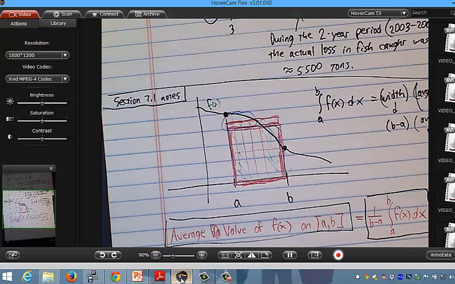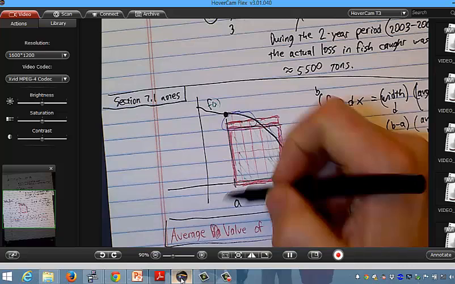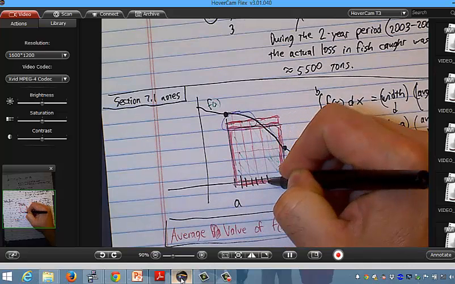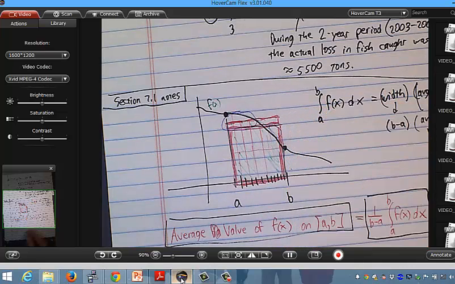Are you going to take 24 different temperatures, one for each hour, and divide by 24? You could. But that's kind of like dividing a, b into 24 little tiny subintervals, right? That's not doing it with calculus. When we do it with calculus, we take the antiderivative, the limit. And that's what's really done.